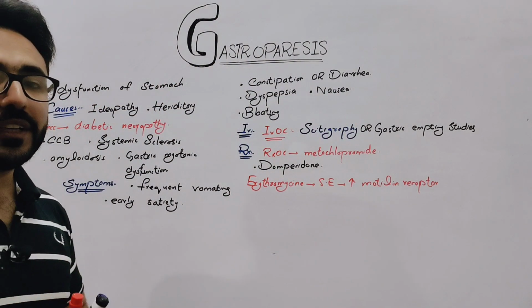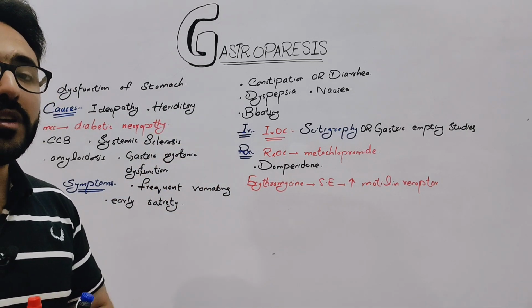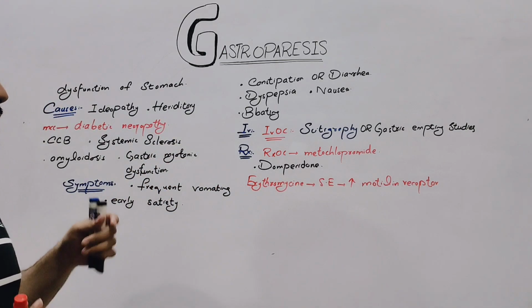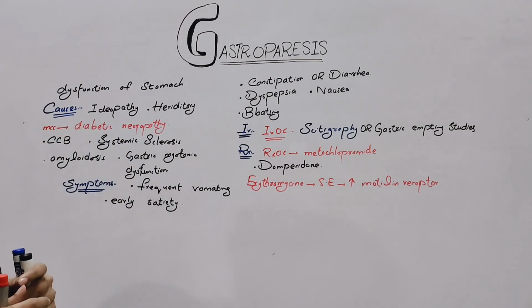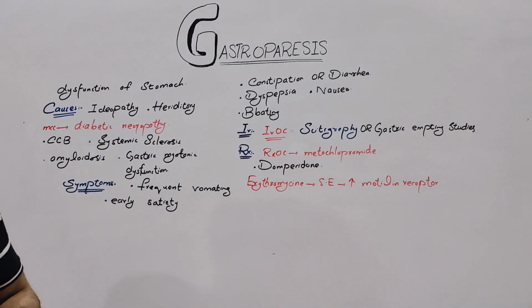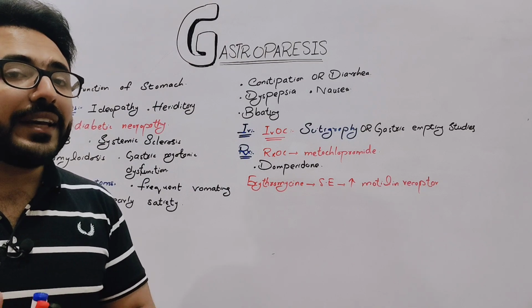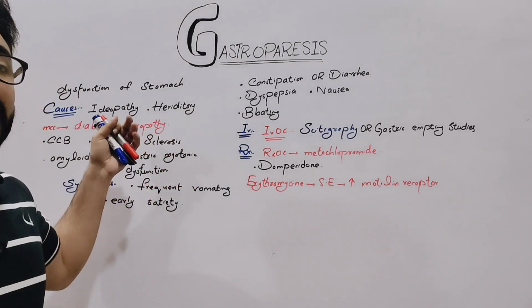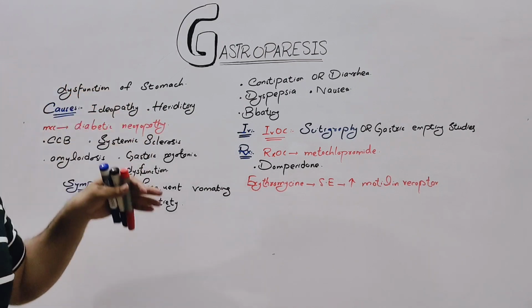But in severe conditions, these drugs will not be functional, because in diabetic neuropathy the neurons are damaged or dysfunctional, and the patient will not be able to swallow any kind of drugs or food, because the function of the stomach is completely lost.